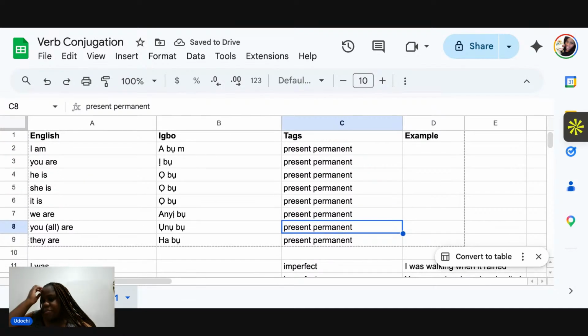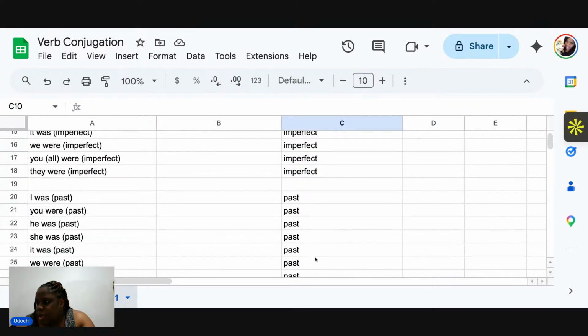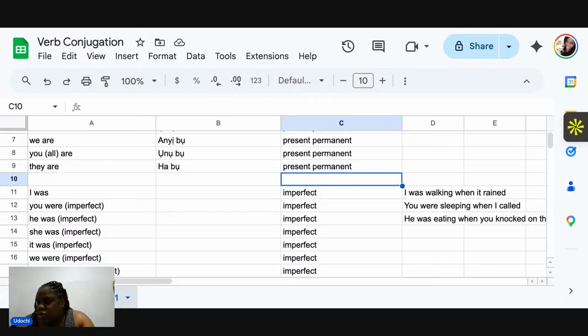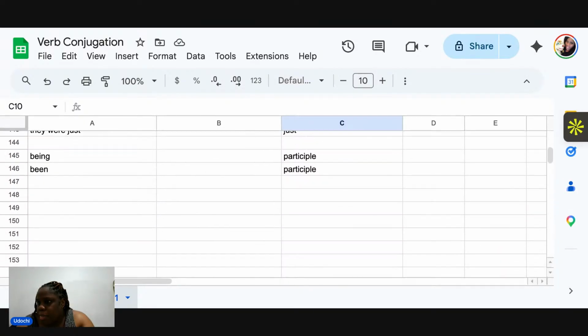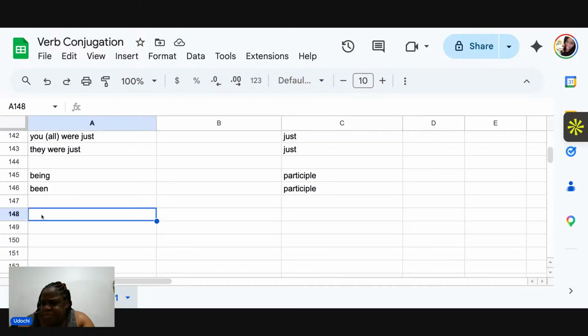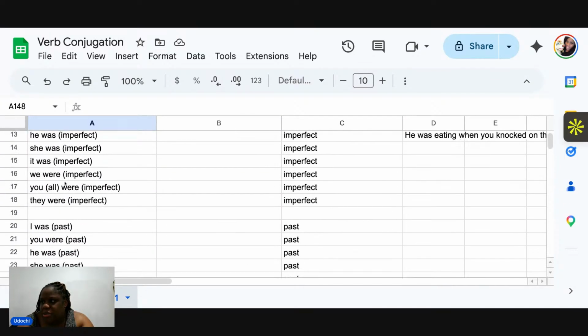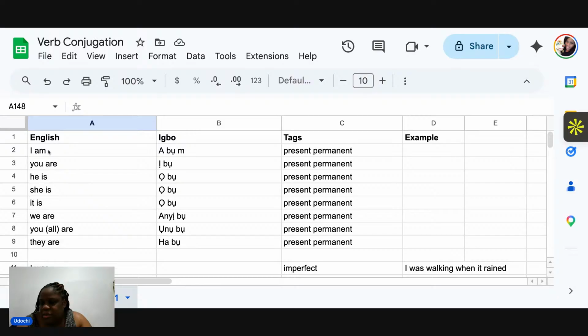I am, for bu, is permanent. And then I need to include I am. Actually, let me see if I can copy this.